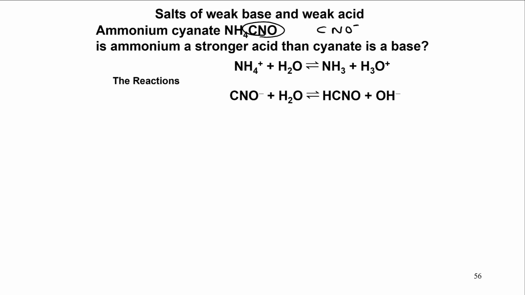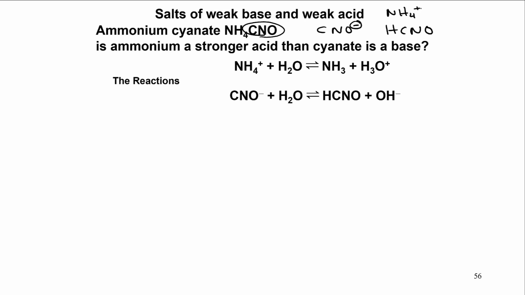And I don't know what that is necessarily, but HCNO must be the acid, because the negative implies that it lost a proton. And then the NH4 plus is the conjugate acid of a weak base. And so then I have these 2 reactions to consider. And the question is, is the ammonium ion a stronger acid than cyanate is a base?